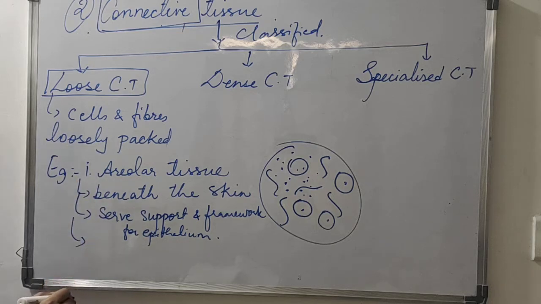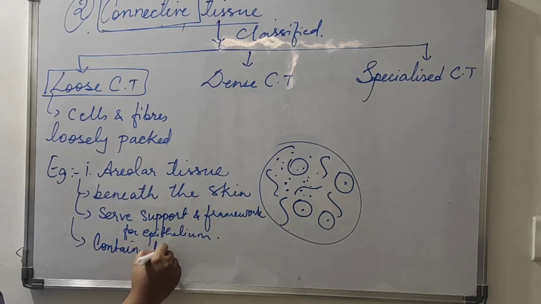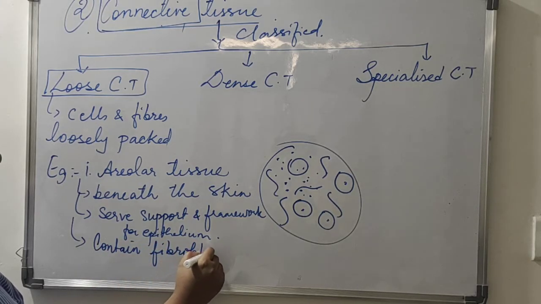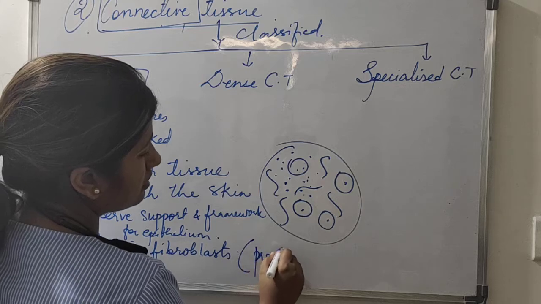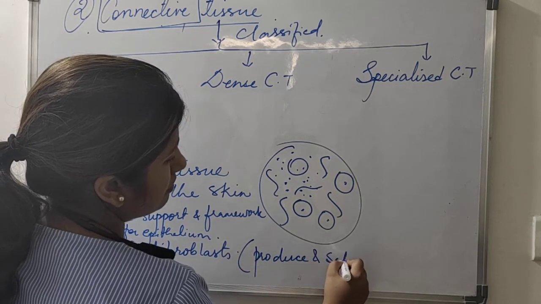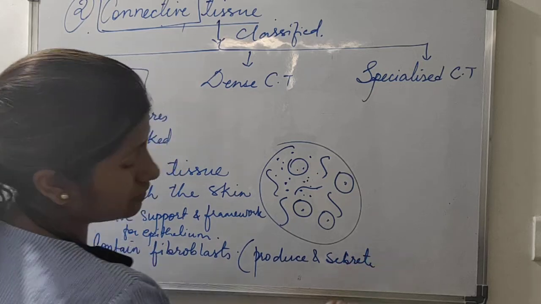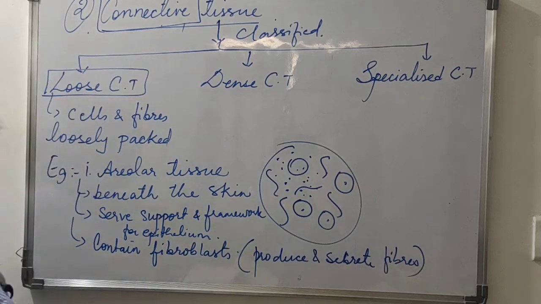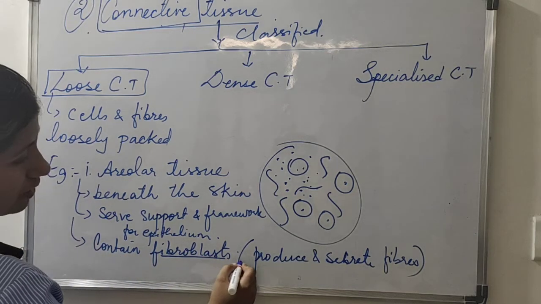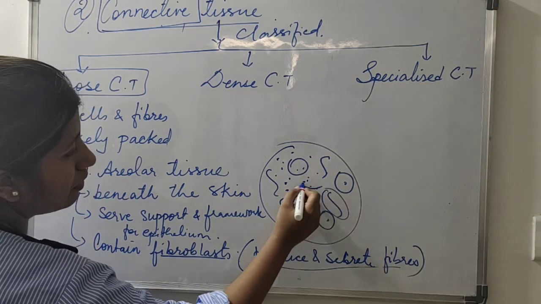Now this areolar tissue contains fibroblasts. What these fibroblasts can do is produce and secrete fibers, and these fibers are very important, we know.